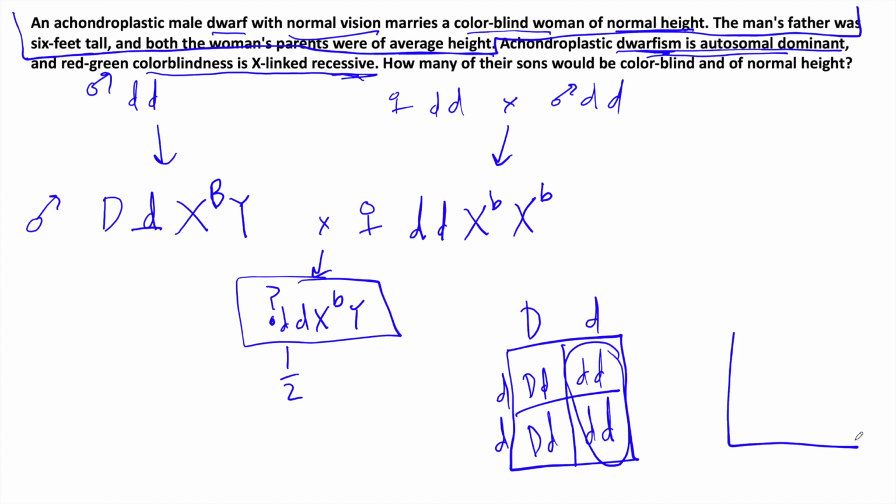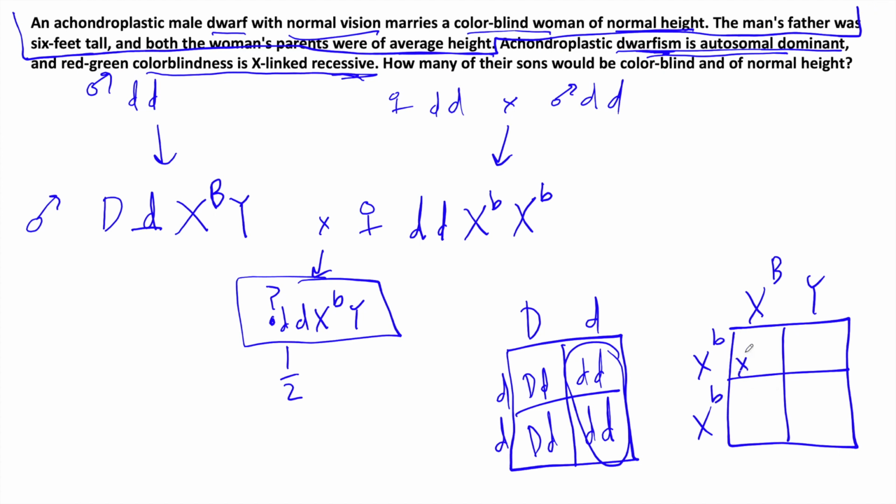Then we do the same thing for the sex chromosomes. The dad was X big B Y. Mom was X little b, X little b.